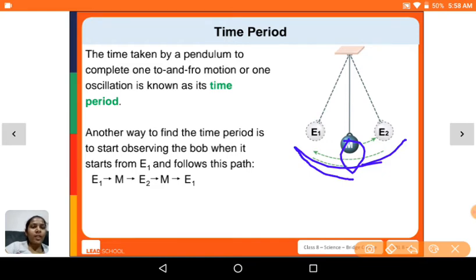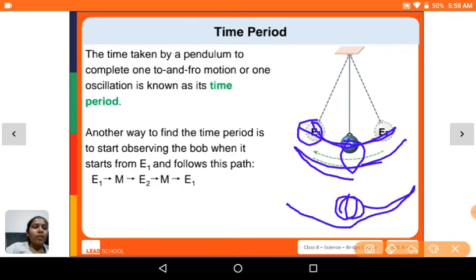Another way to find the time period is to start observing the bob when it starts from E1 and follows this path: E1, M, E2, M, E1. If we start from the center, then it is M, E2, M, E1, and then again M. But if we pull the bob to the left or right side and release from there, then it is E1, M, E2, M, and E1.